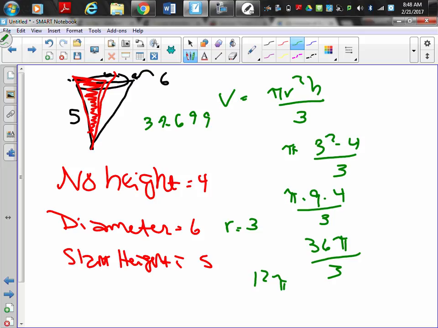All right, so 699 rounds to what? Is that closer to 600 or 700? So 37.70. All right, so we don't have a name, so it's units cubed.